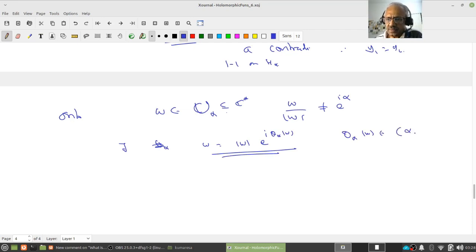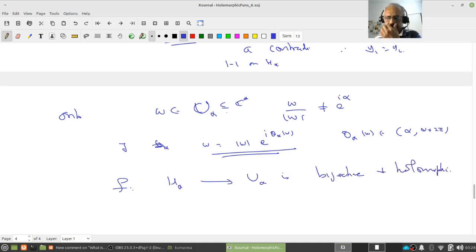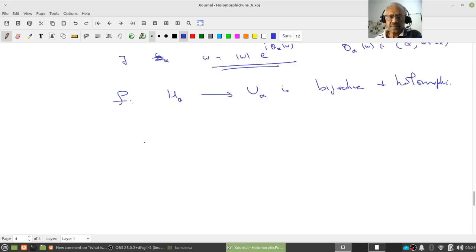It lives in alpha to alpha plus 2 pi. Therefore it's onto. So this map from H alpha to U alpha is bijective and holomorphic. Is that clear? So pause, review, proceed.